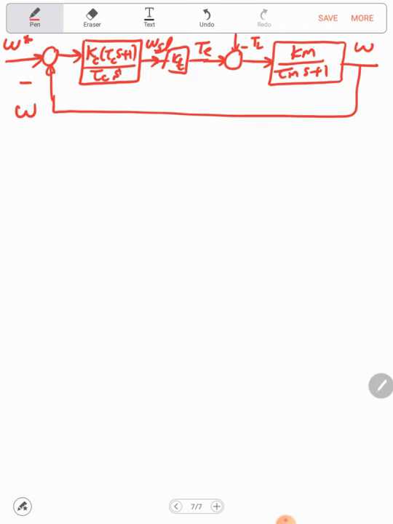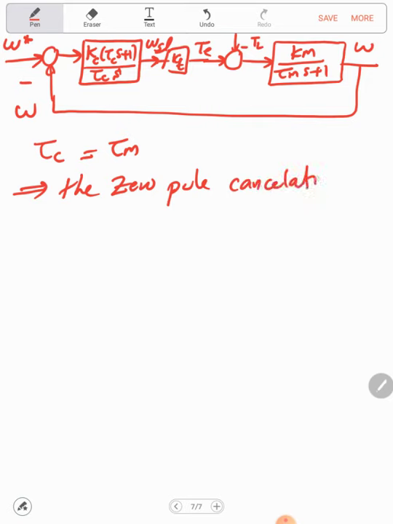Now, one method to simplify the design is to design the gains of the PI control such that tau c is equal to tau m. If that is the case, this will be the famous zero pole cancellation. And here we can do that because the cancelled pole is stable.